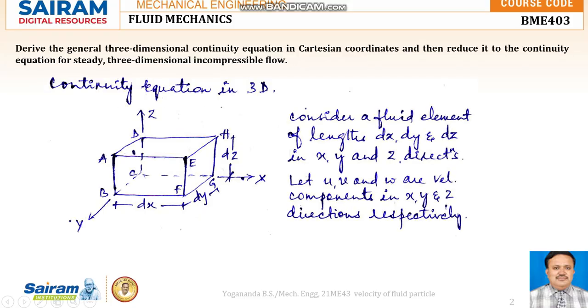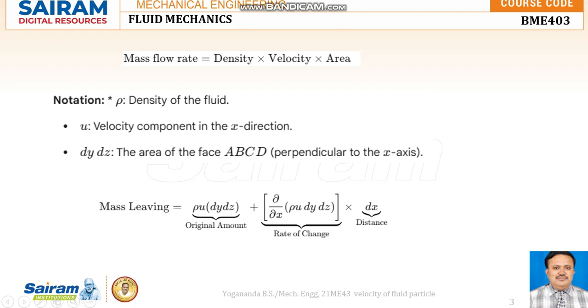So we have the face ABCD. The fluid is entering on the left side ABCD in the fluid element. The area of the face ABCD has dy as the length along y-axis and dz as the length along z-axis. So the area of the face ABCD is dy dz.